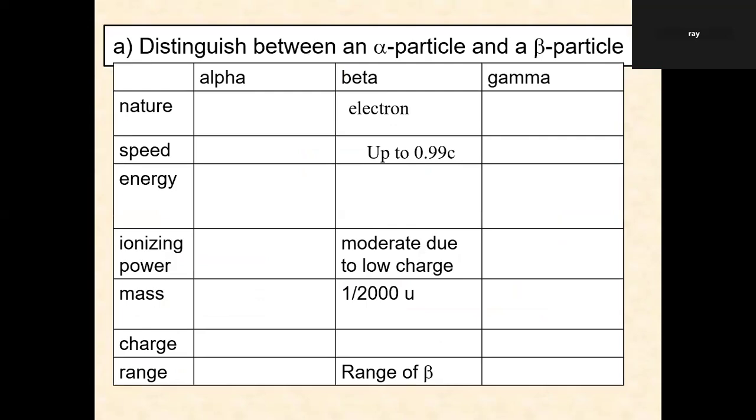So you should be able to fill up this table to distinguish between alpha, beta and gamma. Alpha is helium nucleus, gamma is electromagnetic radiation.